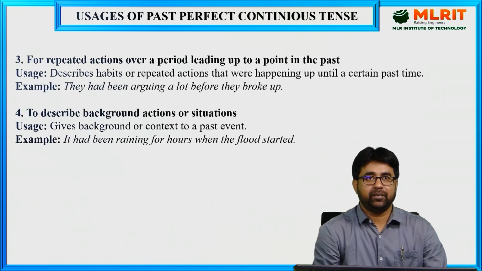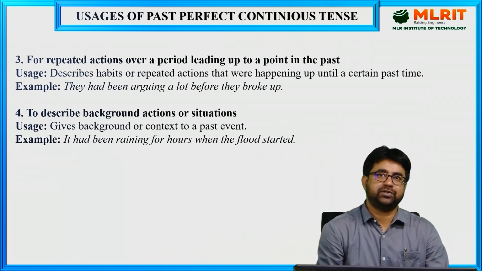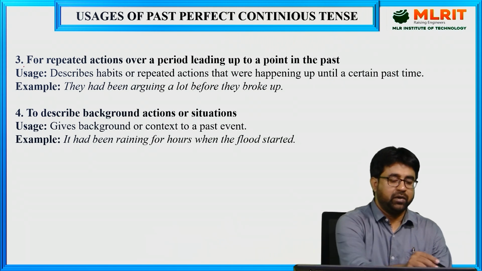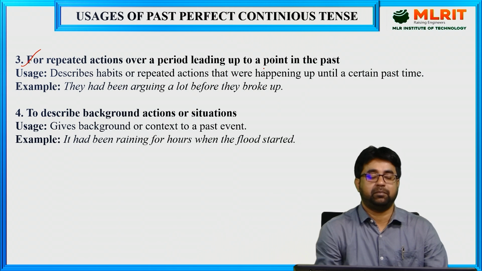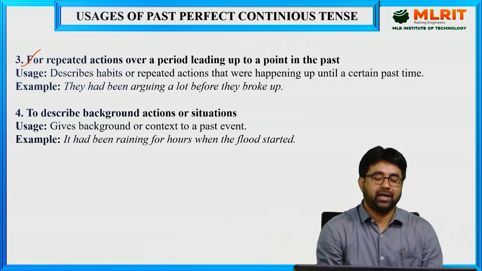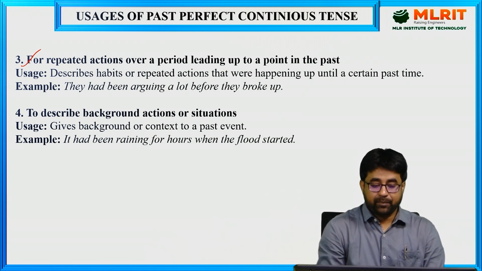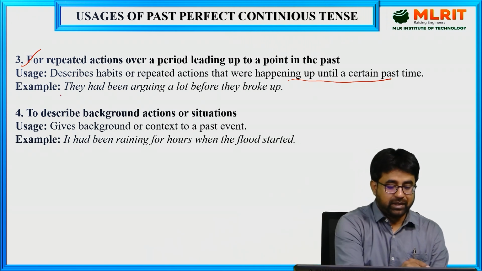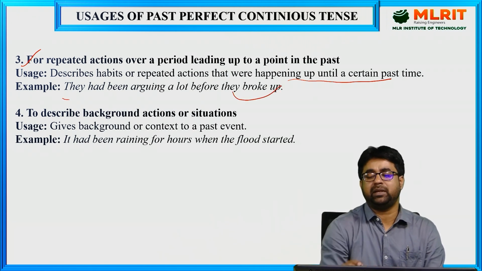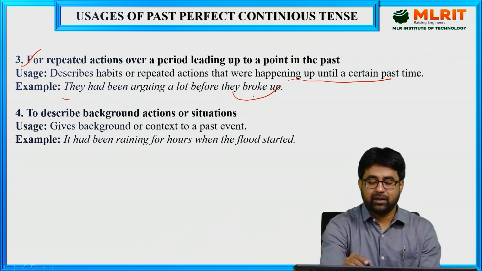Now let's see these last two usages of past perfect continuous tense. For repeated actions over a period leading up to a point in the past. So if I'm talking about repeated actions that were happening up until a certain past time: they had been arguing a lot before they broke up. So what was the point here? Breaking up, right?